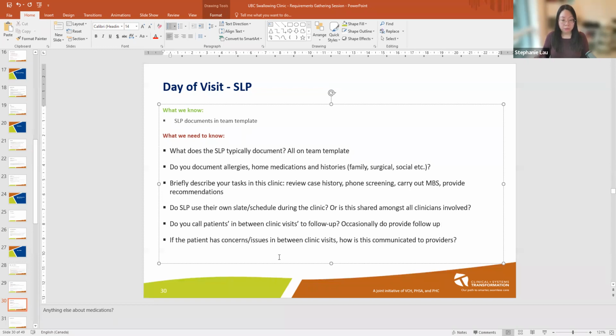And if the patient does have concerns in between clinic visits, or maybe in between the follow-up and the assessment, is there a way a patient can communicate or call in? Yep, they could call either the clinic clerk or the SLP office number. We often provide just a business card with that detail.